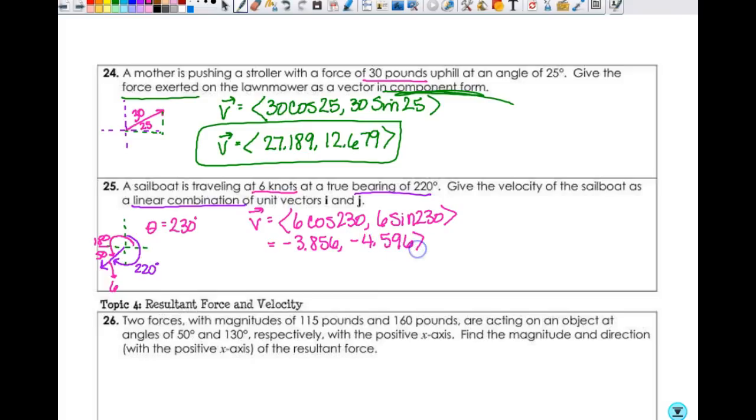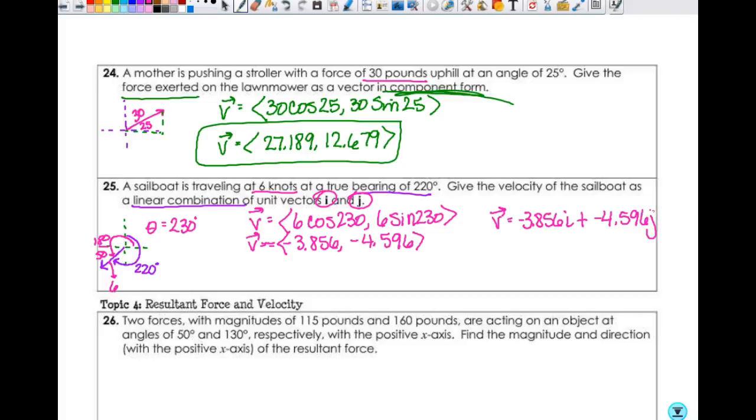But it does say, as a linear combination of vectors i and j, so the vector then in that form is negative 3.856i plus negative 4.596j.